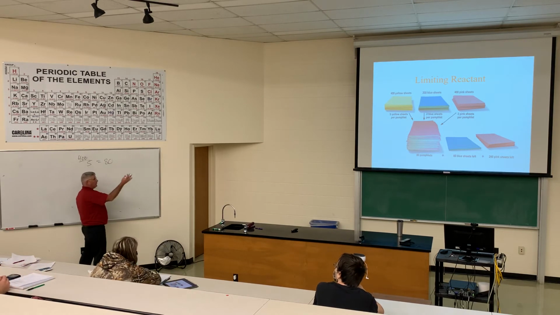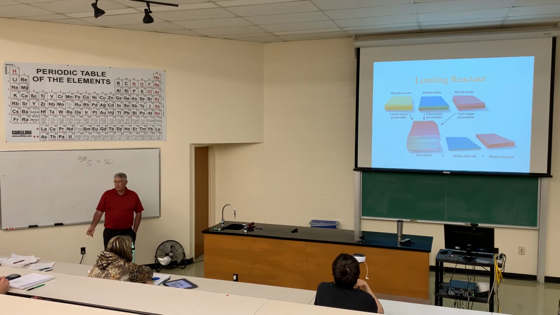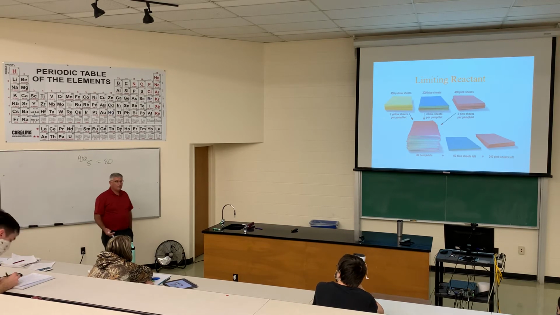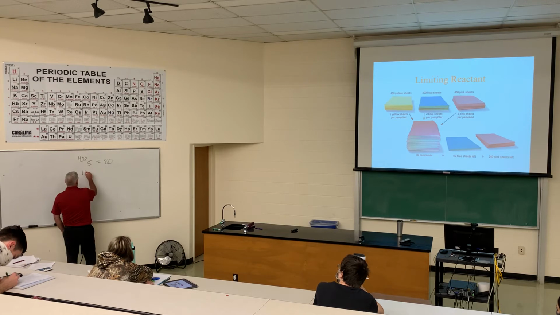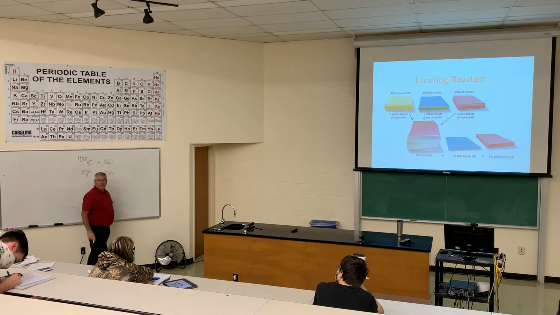Okay? We have 300 blue sheets, and we need 3 per pamphlet, right? What are you going to do there? Take 100 and divide it by 3, right? Or no, 300 divided by 3. Excuse me. I just gave the answer, right? So that means we could make 100.